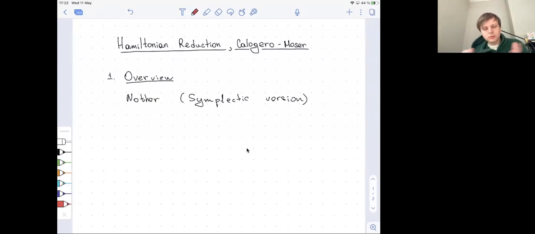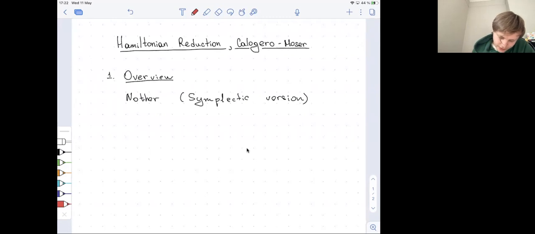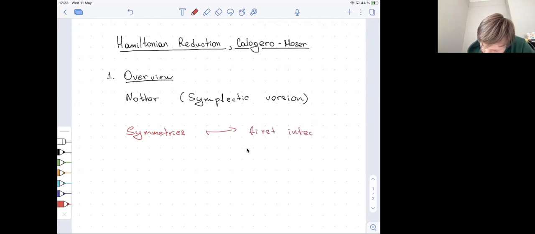Classically, the Noether theorem says that we have the following correspondence. If we have some dynamical system, say a Hamiltonian system, but even any dynamical system, there is a mantra that symmetries are first integrals.